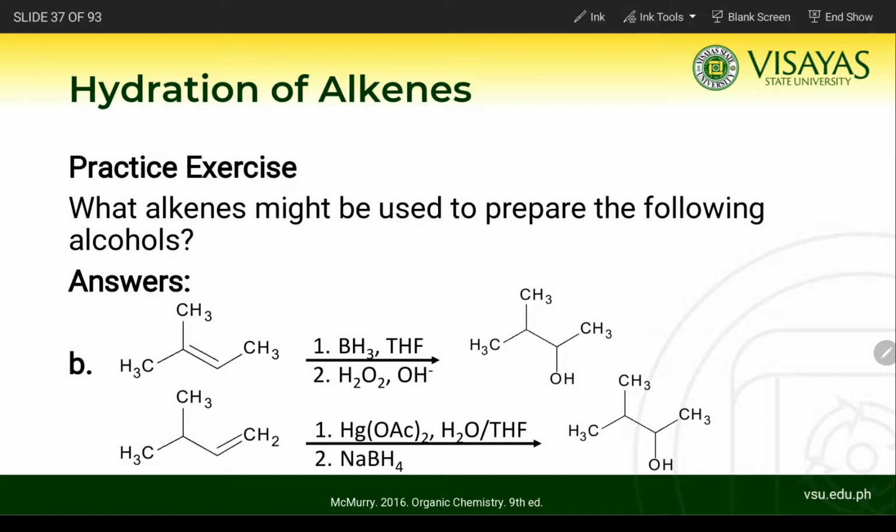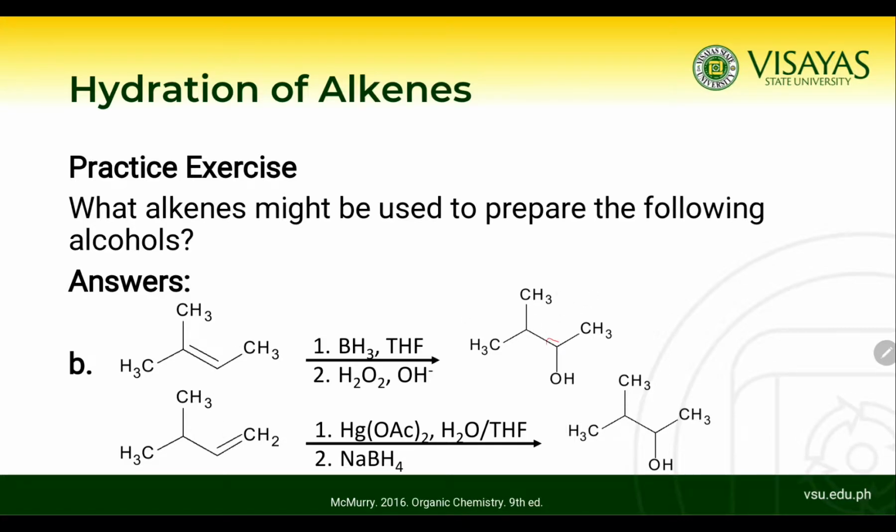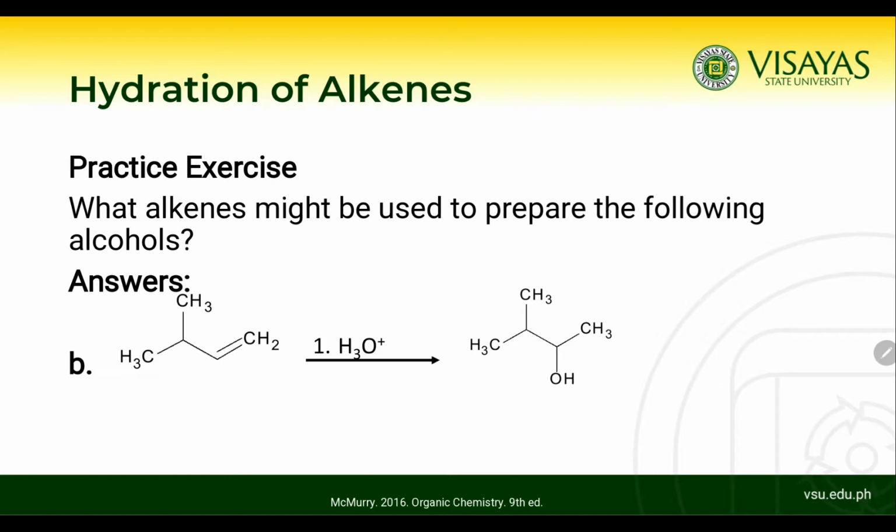We can also, as I have written earlier, have the double bond between that carbon and this carbon there. So if we have those two carbons, what reagents will we use? Based on the product, this is where our OH is attached. So, between this carbon and that carbon there, that carbon is more substituted. So, that means to say, the reagents we will use would be the oxymercuration-demercuration process and the acid catalyzed hydration.